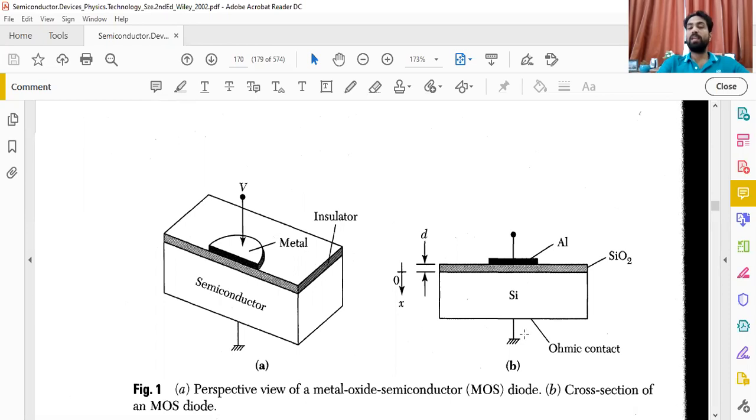Now, what exactly is happening inside? If we talk about the construction first, the construction includes some metal, which may be different depending upon use. So we have metal, and silicon dioxide as an insulator. Here we have silicon that may be an N type or P type substrate.